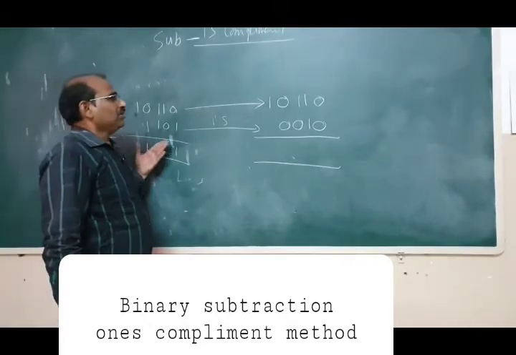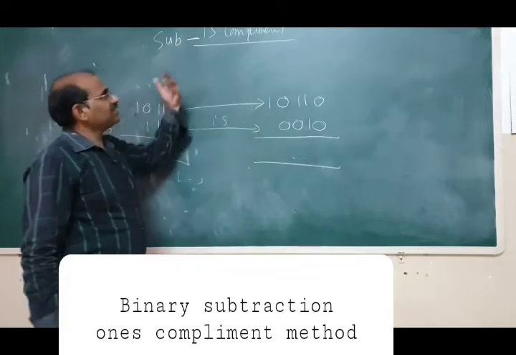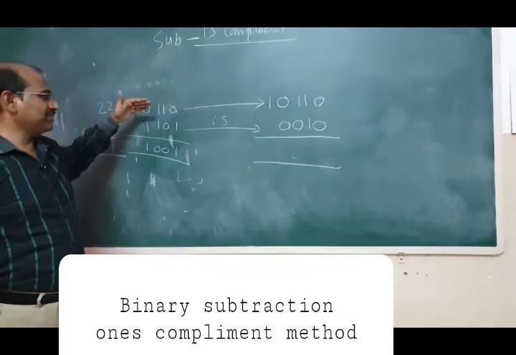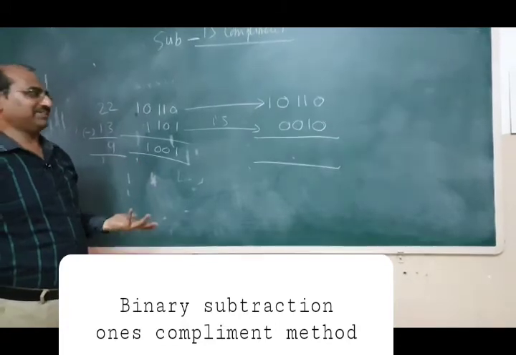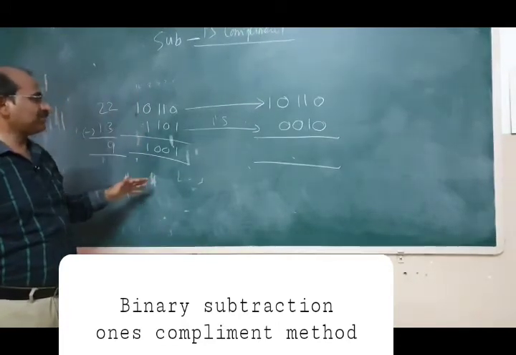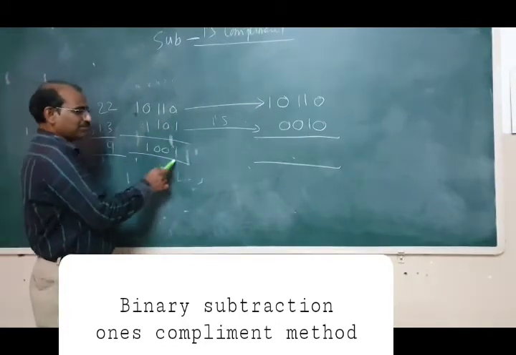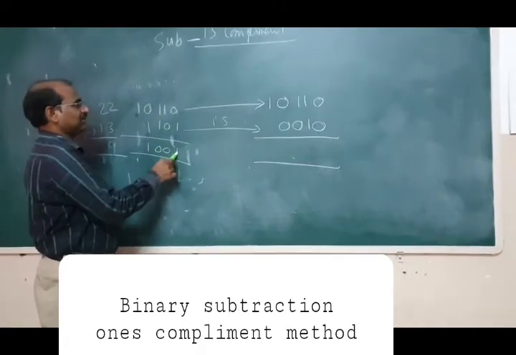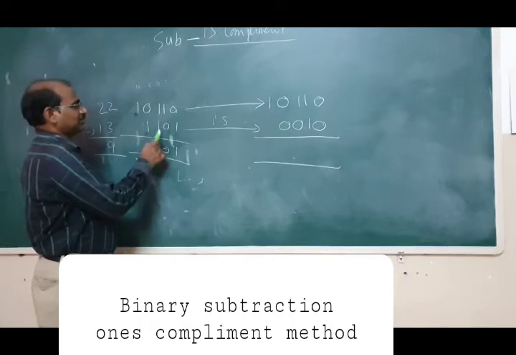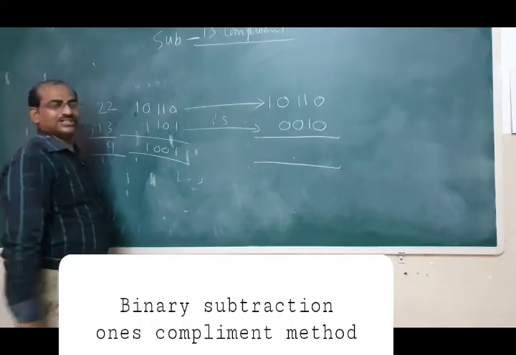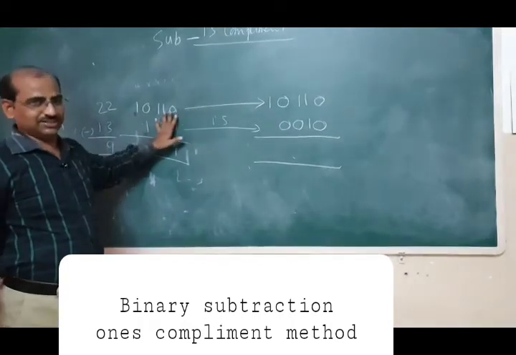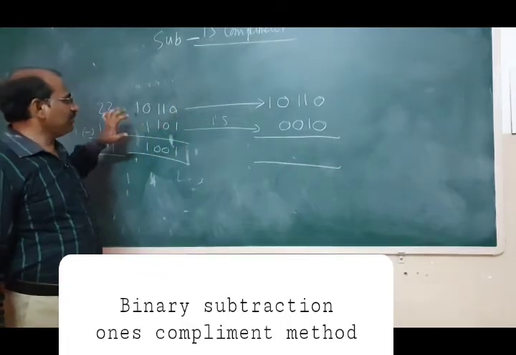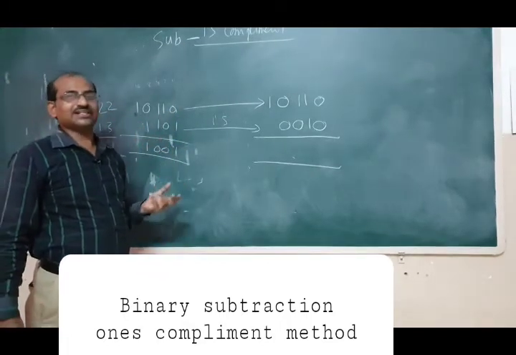Now you have to add. What is the advantage of the complement method? You are doing the subtraction just like addition. Instead of subtracting, you could use the borrow method, but the borrow method is not user friendly for circuits.